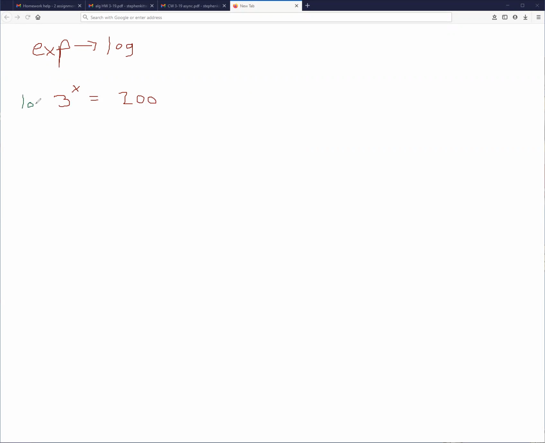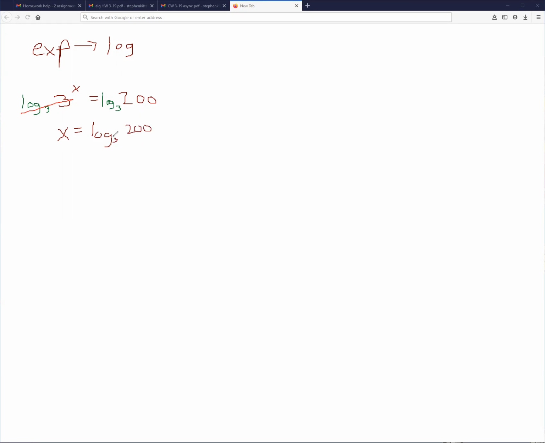That process is log base 3. The reason we use base 3 is because the base of our exponent is 3. Once we do that, the log base 3 and the 3 to the part cancel out, and we're left with x equals log base 3 of 200.